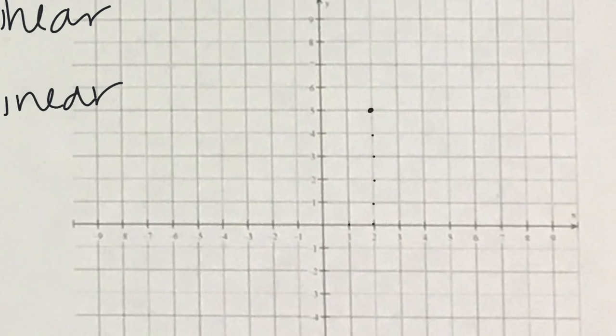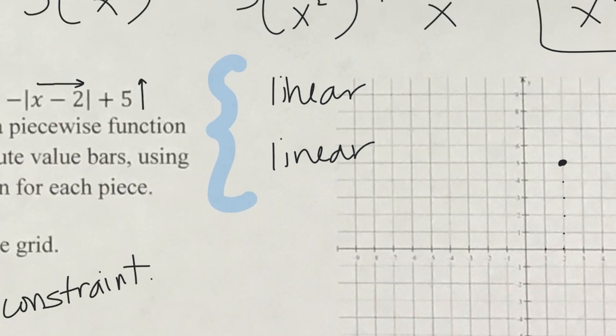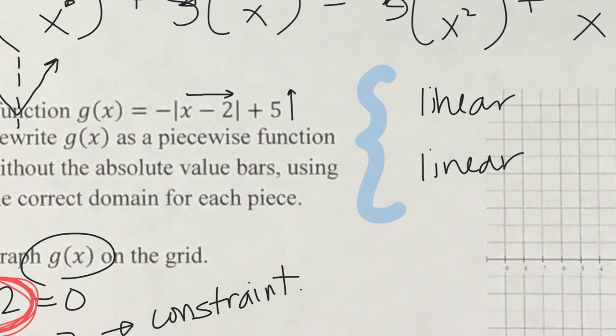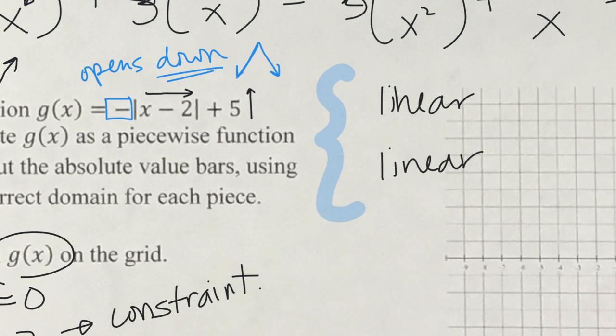This is going to be the vertex of my absolute value. And then what does the negative in front do to my graph? It reflects it across the x-axis. In other words, this opens down. Our V is not going to be an upward V, but rather a downward V.